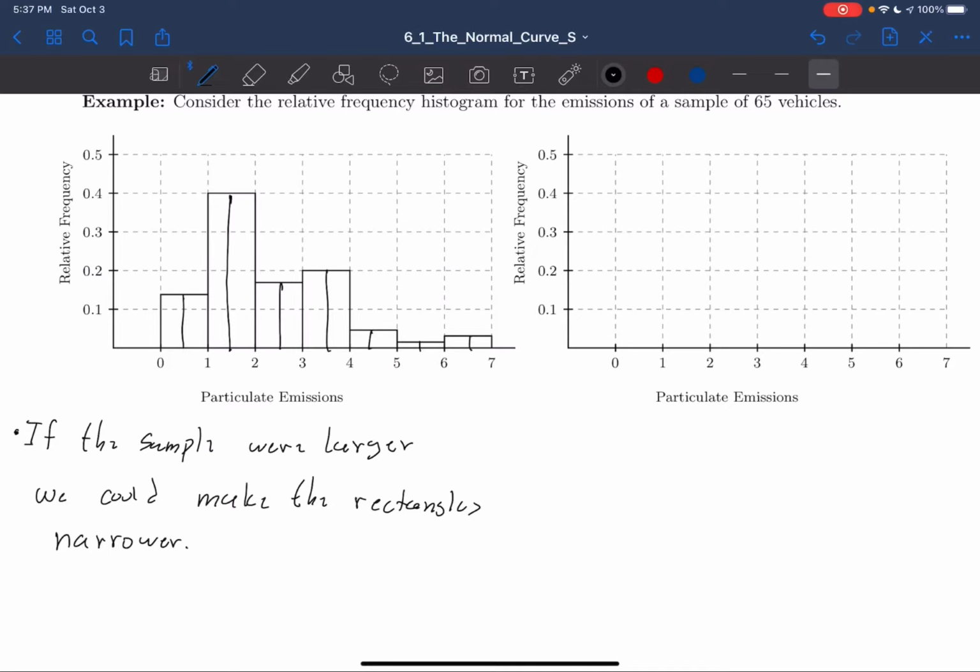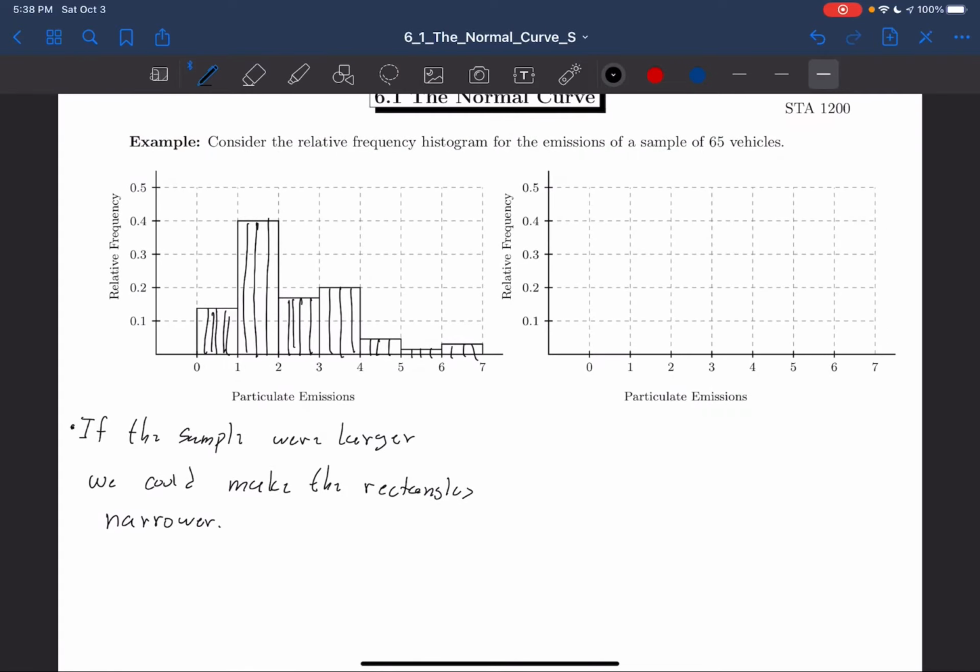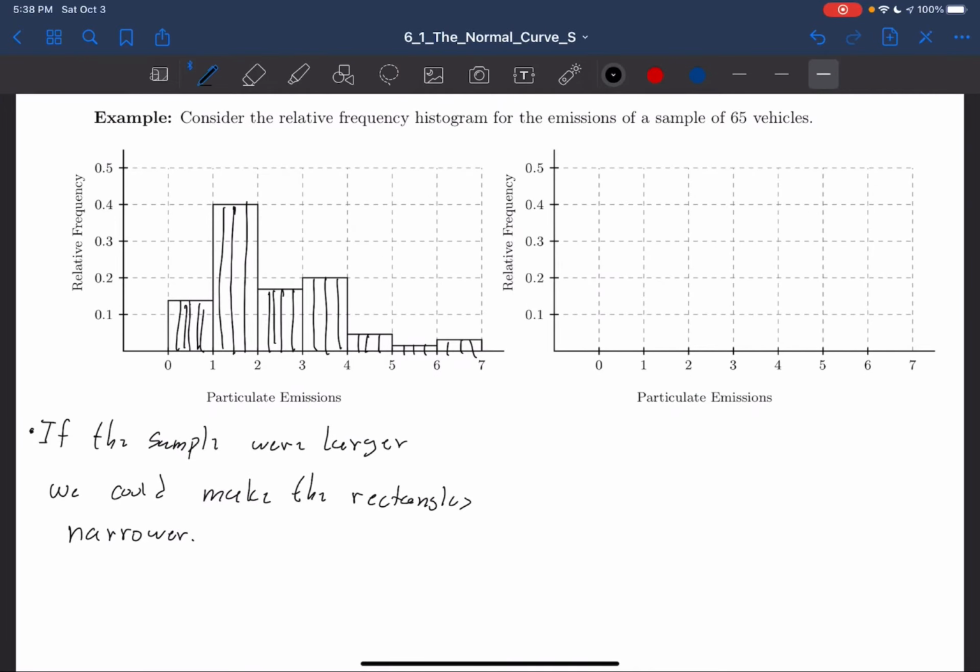But what if I keep increasing my sample size? Then my rectangles will probably get skinnier, or the number of classes will probably increase. But what if I keep doing it over and over, keep increasing my sample until I get the whole population? Then you see the curve here will get smoother and smoother.